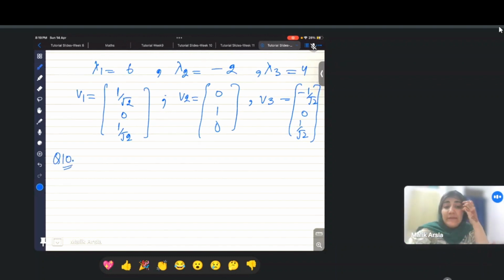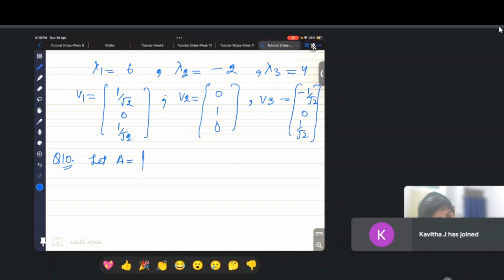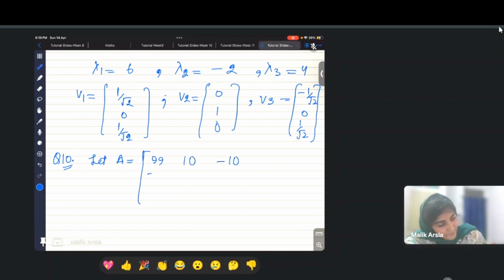It is of the assignment only. Can you read it out for me? Taking rho equal to 85 and applying the power method with shift, the least dominant eigenpair of A, 99, 10, minus 10, 23, 88, 3, 35, 11, 80, is given by.